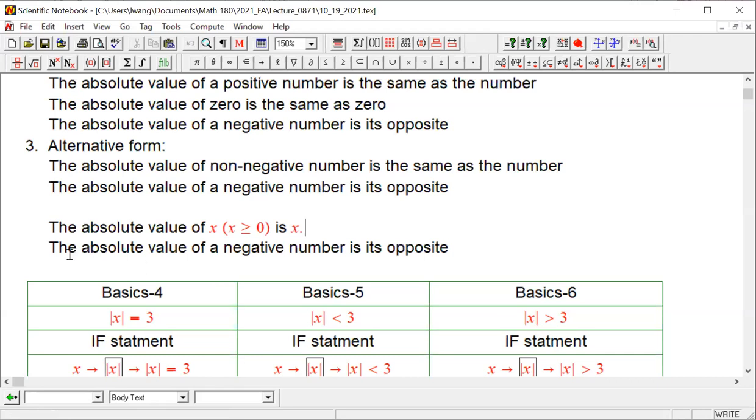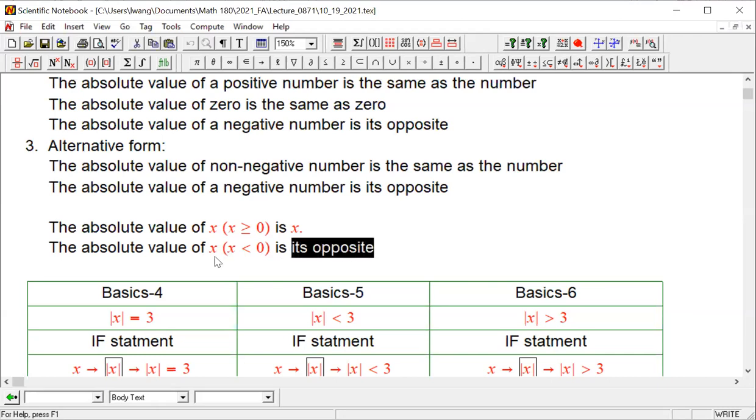Right? And the absolute value of a negative number, how do we express a negative number? We'll put x, right? And next, we're going to explain that x is negative. X itself is negative. So the absolute value of x when x is negative is its opposite.